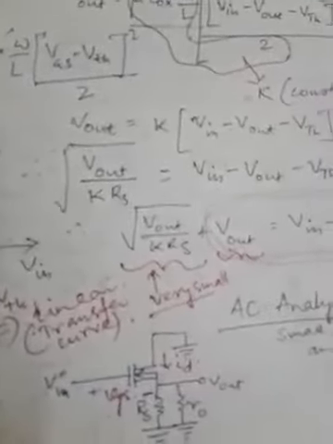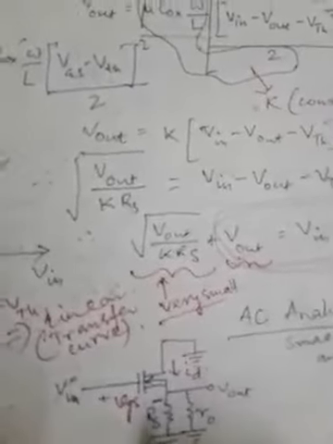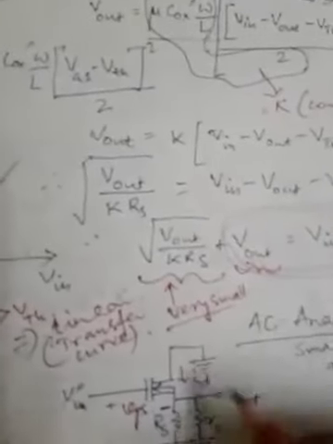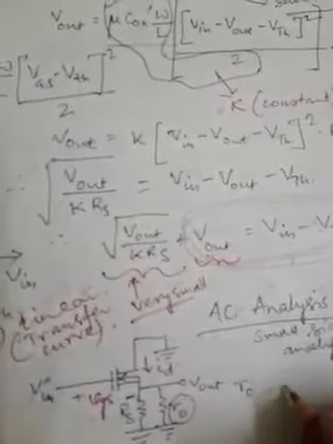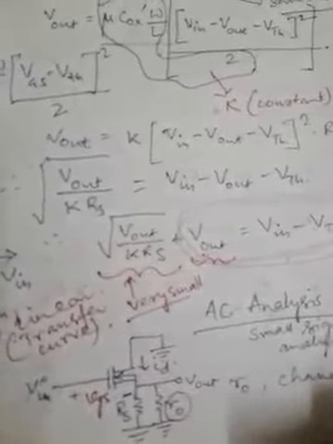you considered as the load here, and this resistance RO is because of the channel length effect of the MOSFET.